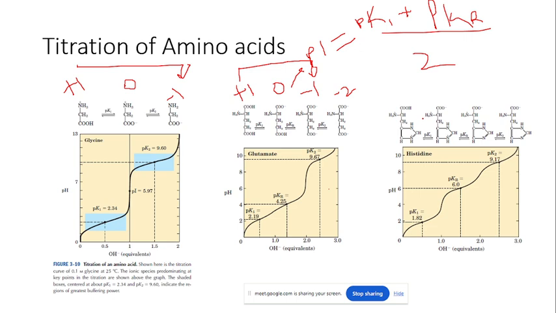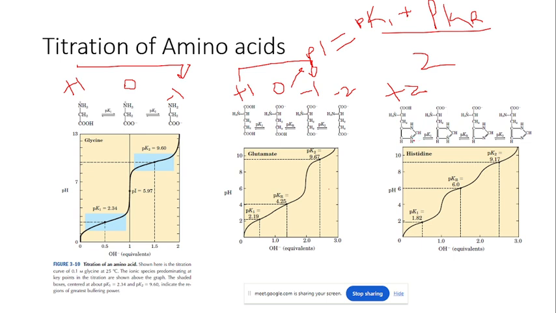So now let's study histidine. Histidine is a polar positively charged amino acid, right? So initially it will exist as the plus 2 charge form. See, plus 2 because it has one plus charge here and one plus charge in the side chain, right?